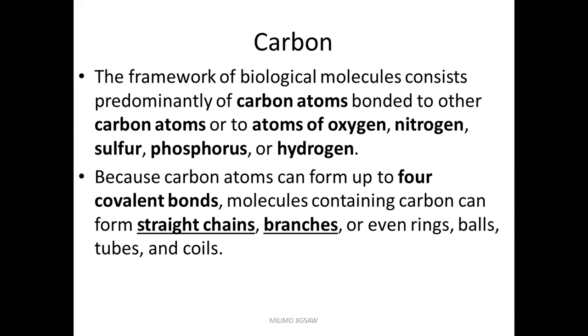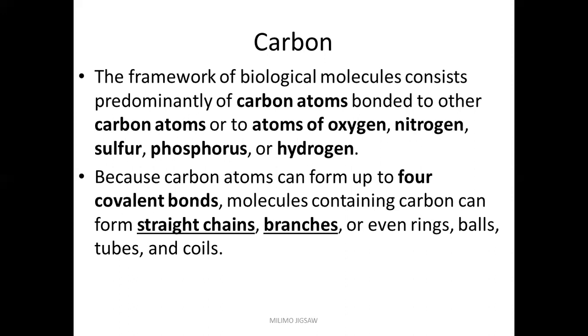When we look at a carbon atom, it has 4 valence electrons. So it simply means that for it to form its complete valence shell, it needs to form a total of 4 covalent bonds.